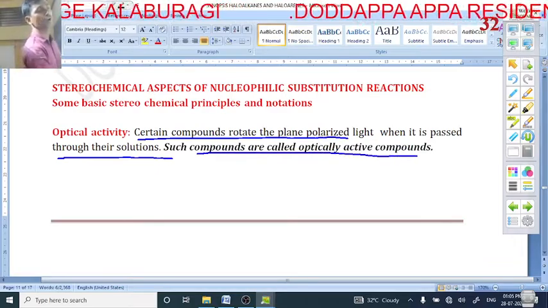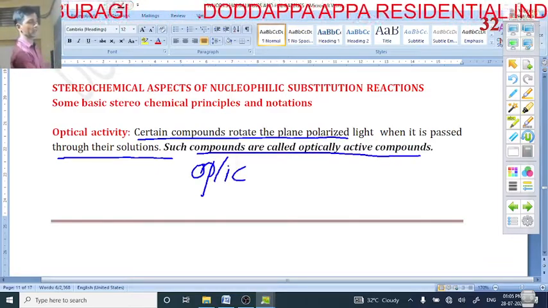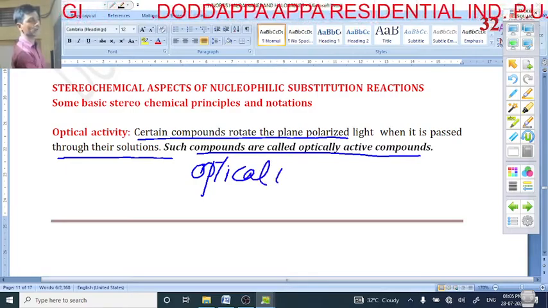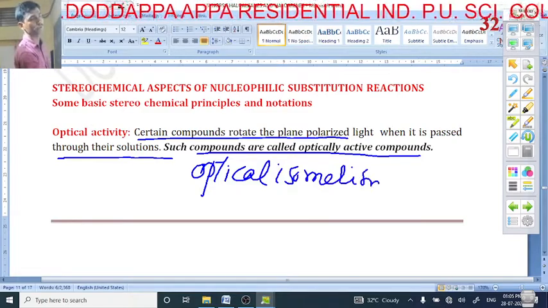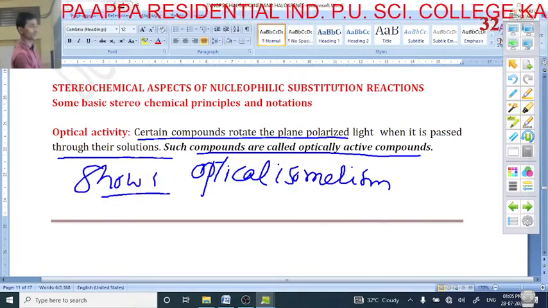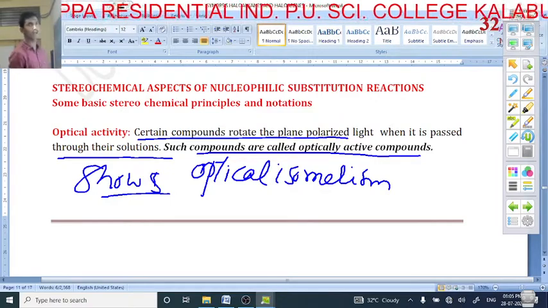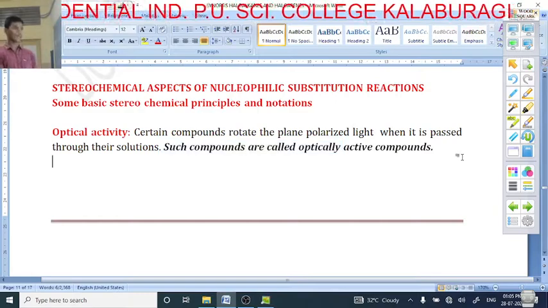Such compounds are optically active, which means they show optical isomerism.